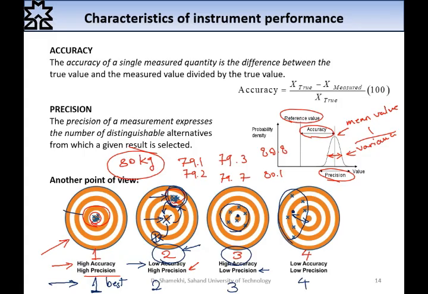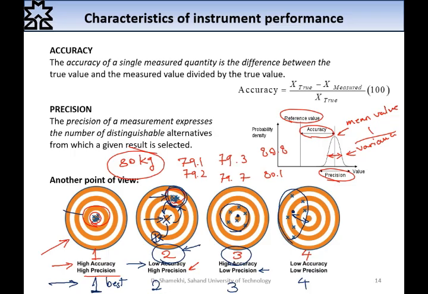Here we have a distribution with a mean value and a variance.